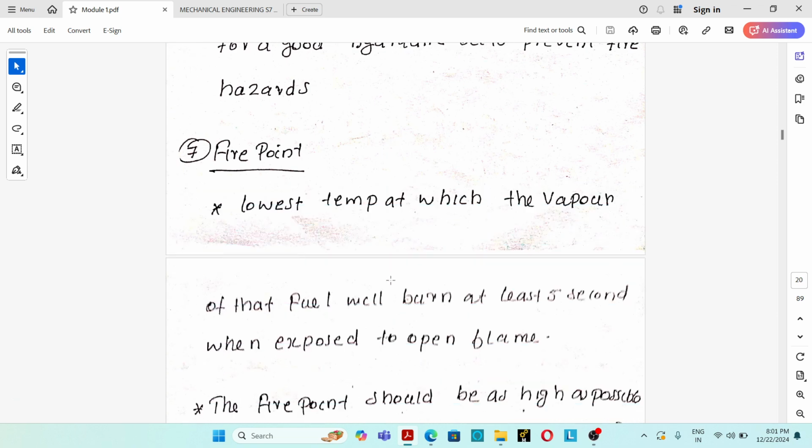Then what do you mean by fire point? Fire point is also a lowest temperature.